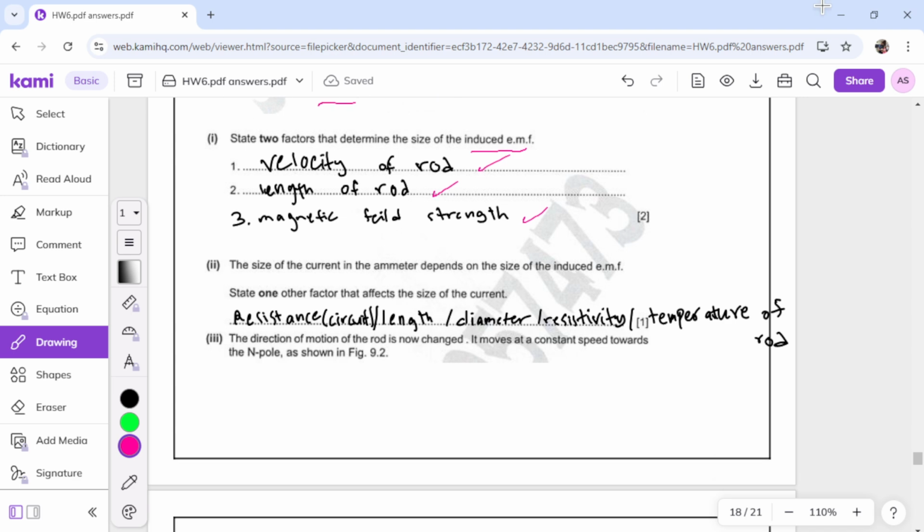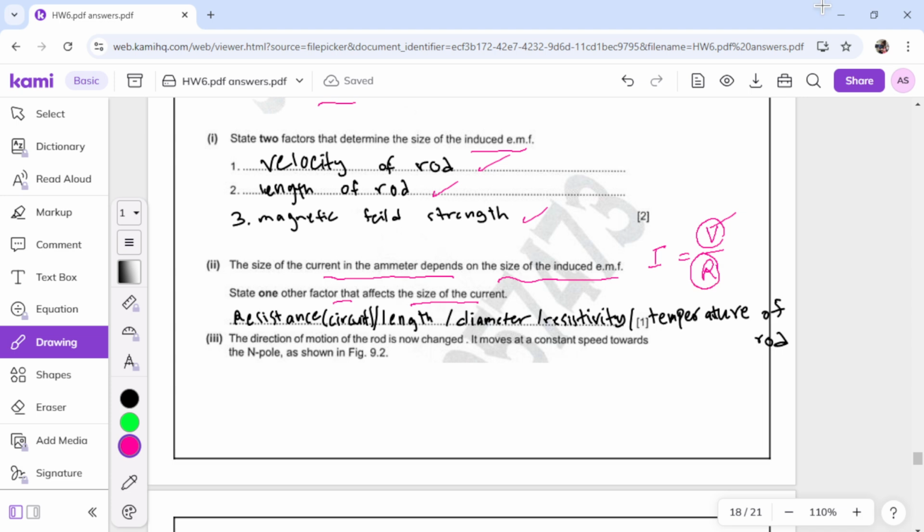The size of the current in the ammeter depends on the size of the induced EMF. State one other factor that affects the size of the current, because current equals voltage over resistance. So the current depends on the size of the EMF or voltage, but now we still have resistance.